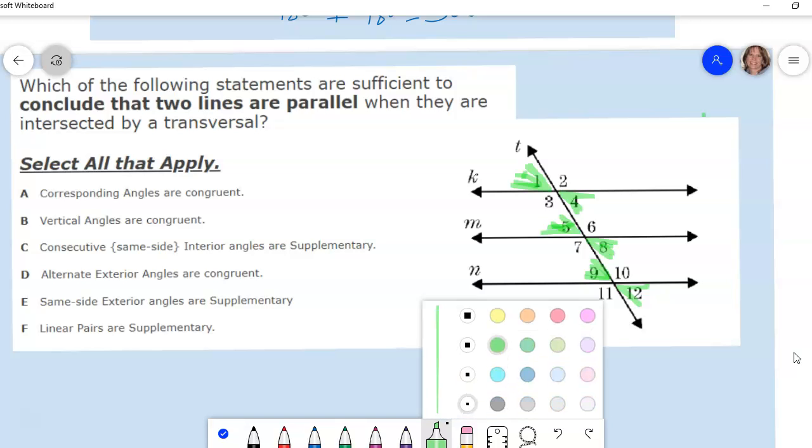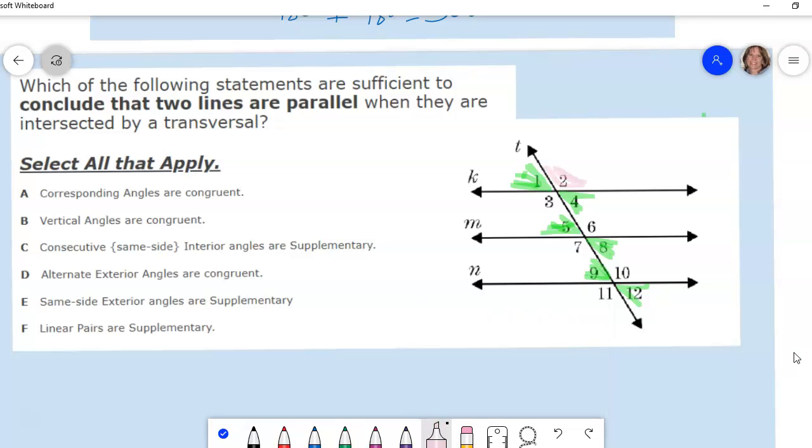All right, so let's now identify those congruent to angle 2, and we'll again stick with our pink. Angle 3 is vertical to angle 2. Angle 6 is corresponding to angle 2 and is also an alternate interior to angle 3.